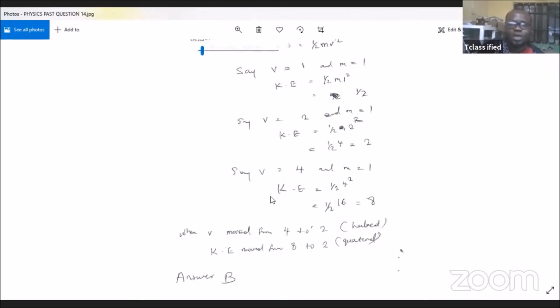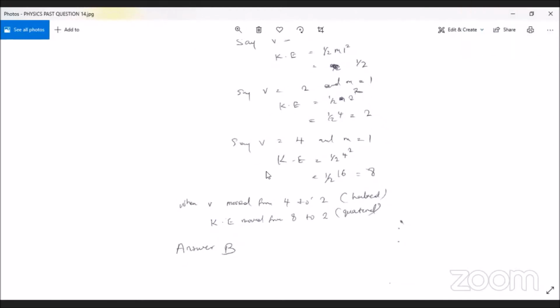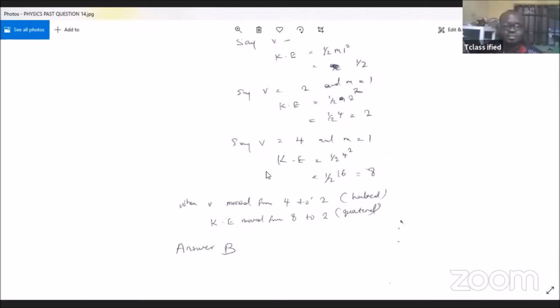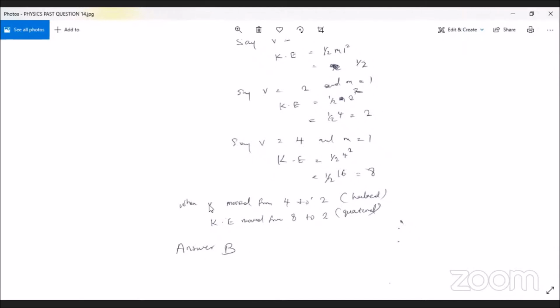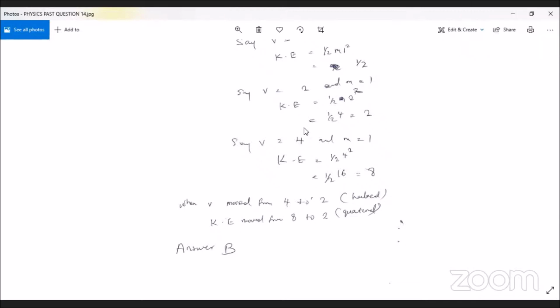The speed is 4 here, the speed is 2 here.